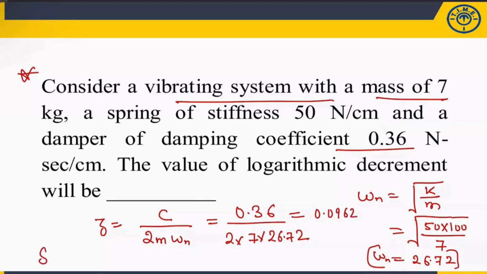Once you know the zeta value, how will you calculate the logarithmic decrement? 2 pi zeta by square root of 1 minus zeta square. So 2 into pi, zeta value is 0.0962, square root of this, solve, you will get the answer. Can you please tell me what answer you are getting?